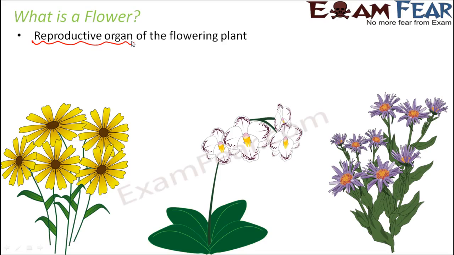All the plants will end up. There will be no plant left on this earth. Correct? So there has to be reproduction. Now how will that reproduction happen? With the help of some reproductive organs present in the plant. So flower is that reproductive organ of the plant which actually helps in producing similar plants over and over again.